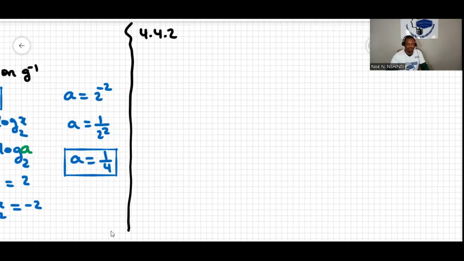So we're looking for the coordinate of M prime. M prime is the image of M that lies on G. And we're looking for the coordinate of M prime.